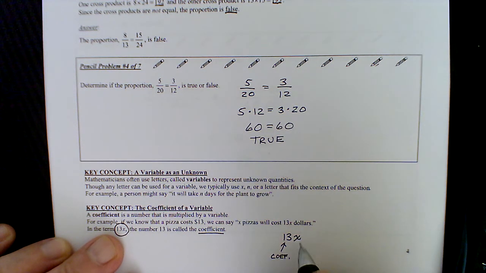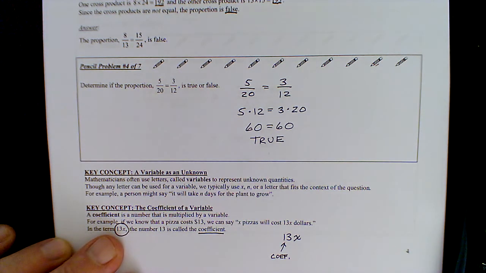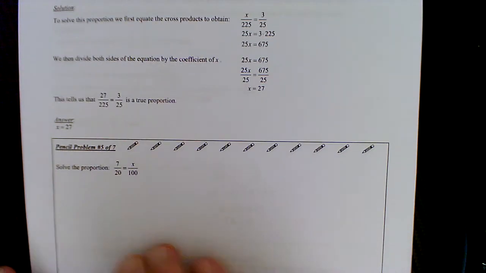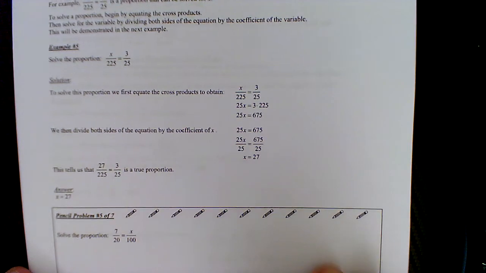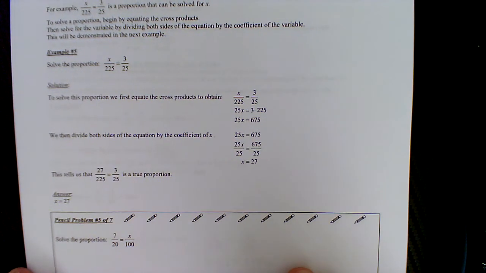And the x is the variable. Okay, so probably a good idea to get used to the term coefficient, because when we solve a proportion, all we do is cross multiply and divide, and you just simply divide by the coefficient of the variable.